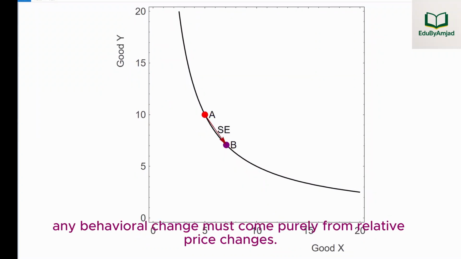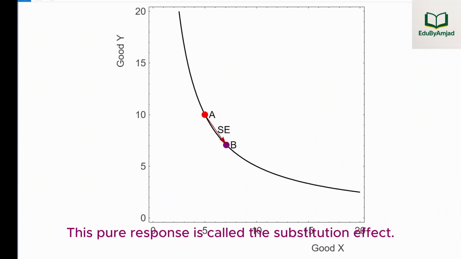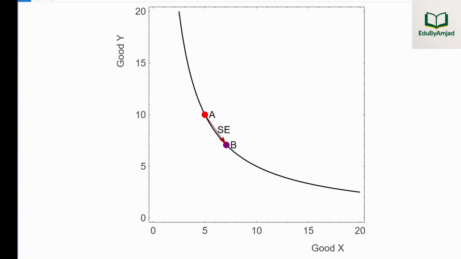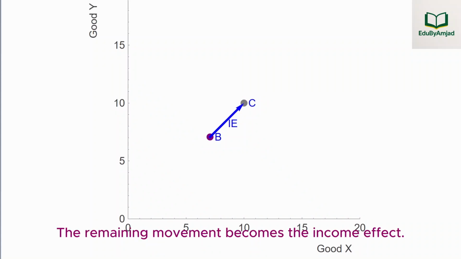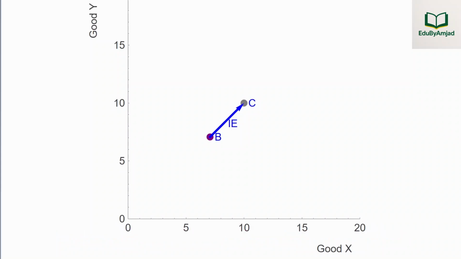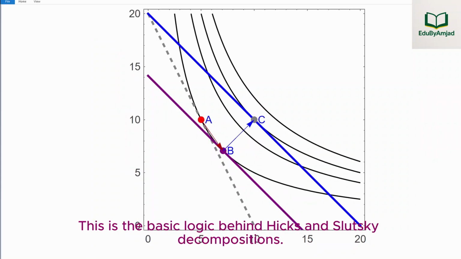Then any behavioral change must come purely from relative price changes. This pure response is called the substitution effect. After measuring that effect, we allow purchasing power to adjust. The remaining movement becomes the income effect. This is the basic logic behind Hicks and Slutsky decompositions.